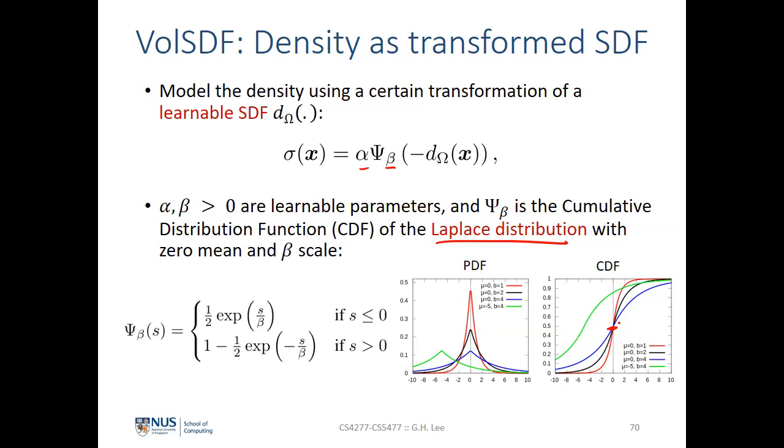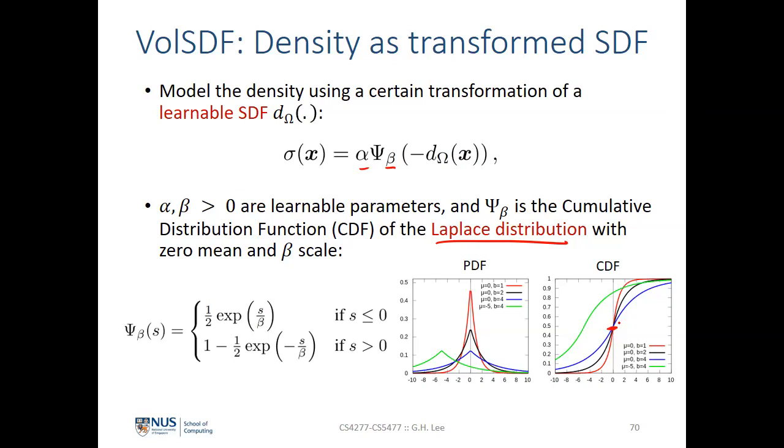So you are looking at the left side of the axis. When you move closer to the level set of 0, you are increasing this sigma, the volume density. So it becomes a distribution that gradually increases. And what's interesting is that this whole thing is differentiable. That means you can plug it into the network and let it learn.